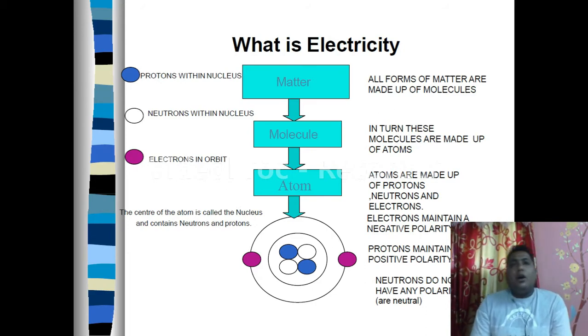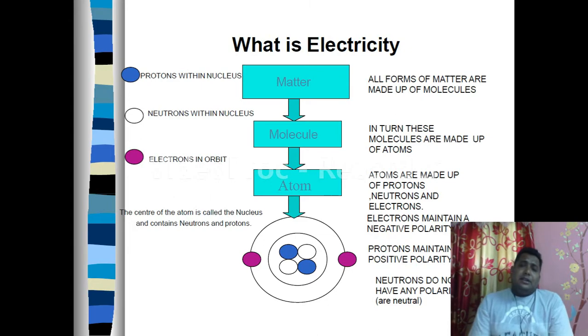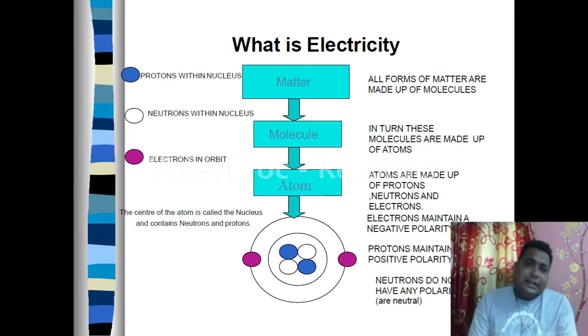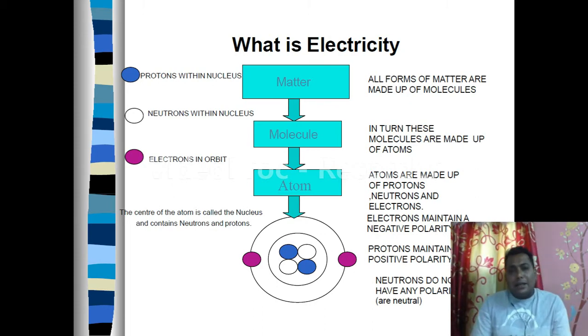There are orbitals surrounding that nucleus, and in the orbitals we have some electrons. These electrons are negatively charged, and depending upon the number of free electrons, the electricity value, the capacity of a conductor made of some material which has some conductivity, is determined.